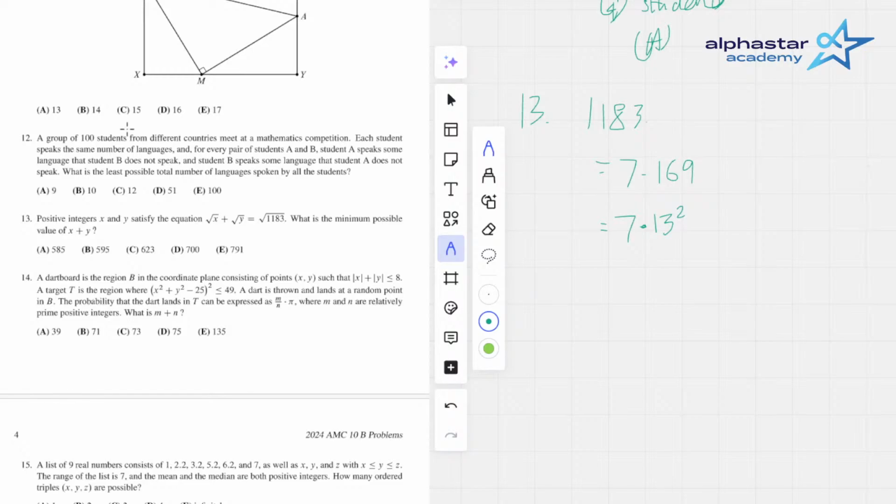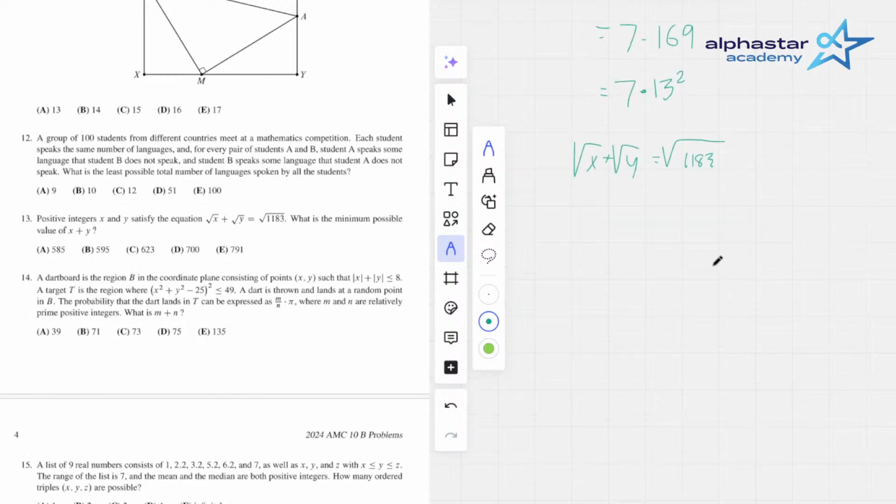No. We want them to be as close as possible. Okay, so if we have root x plus root y equals root 1183, that's 13 root 7, then we need to have x plus y plus 2 root xy. That's one way to do it.